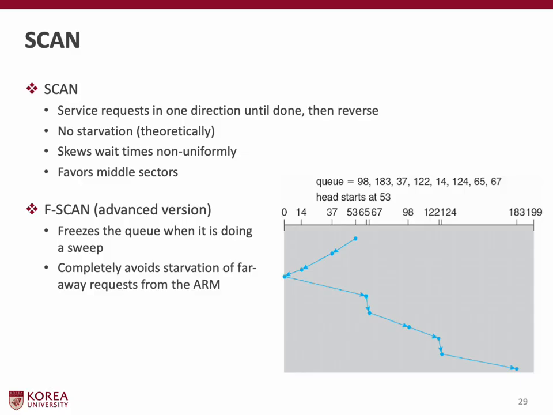Another popular algorithm is SCAN, which is also known as the elevator algorithm. In this algorithm, the disk arm moves in one direction, servicing all requests along the way. And when it reaches the end, it reverses direction and continues servicing requests.